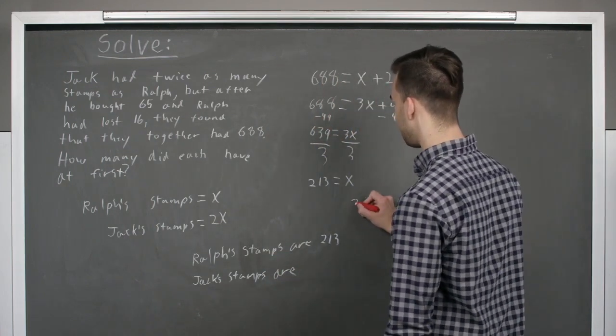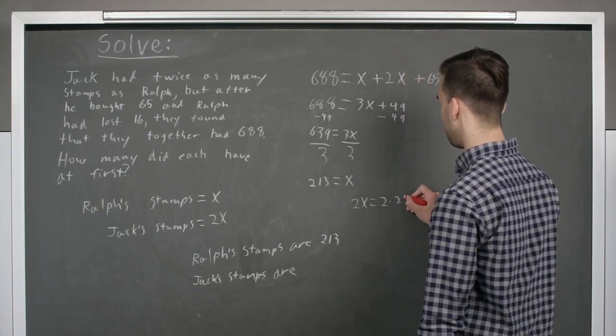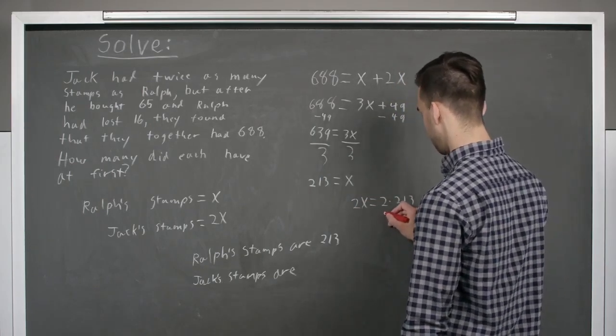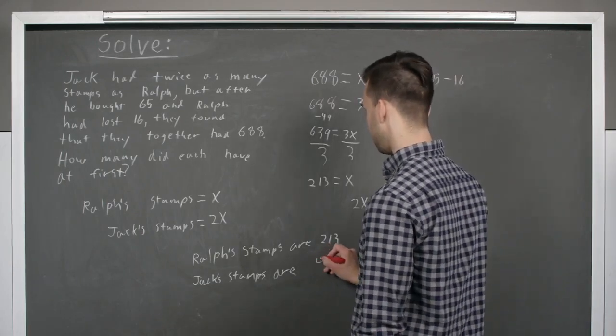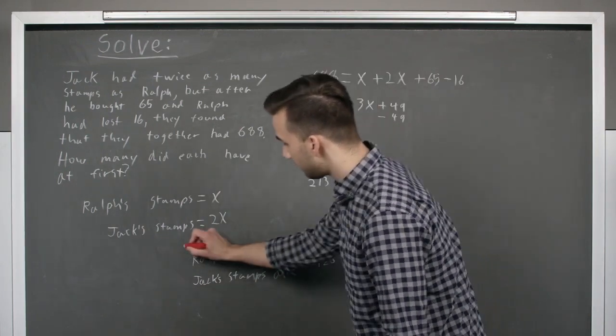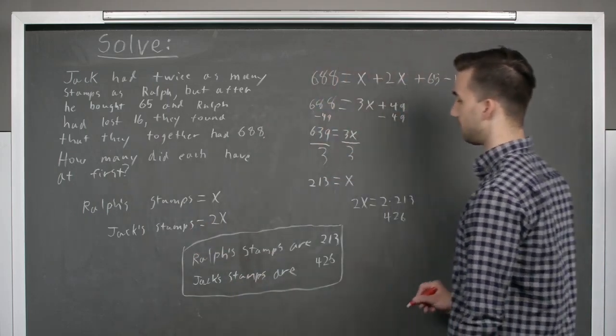What's 2x? 2x is equal to 2 times 213, which gives us 426. So he has 426 stamps. And so that is the answer to this word problem.